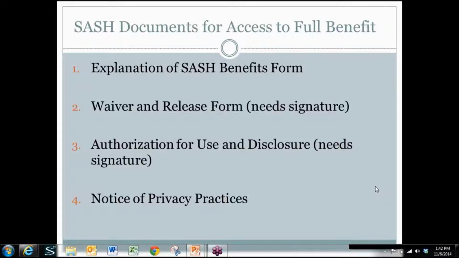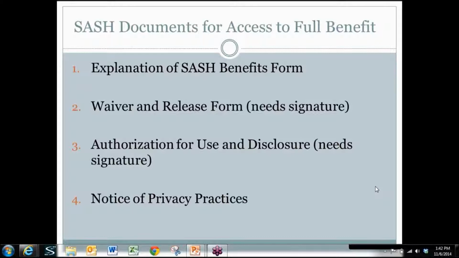The other thing that I want to bring your attention to is that we also sent to you, as part of the email you got from us to register for this training, talking points for these SASH documents, these 4 legal documents. So hopefully you have that handy as well, because we've developed these talking points over time as we've gotten feedback from staff on their best tips for explaining these forms to their participants.